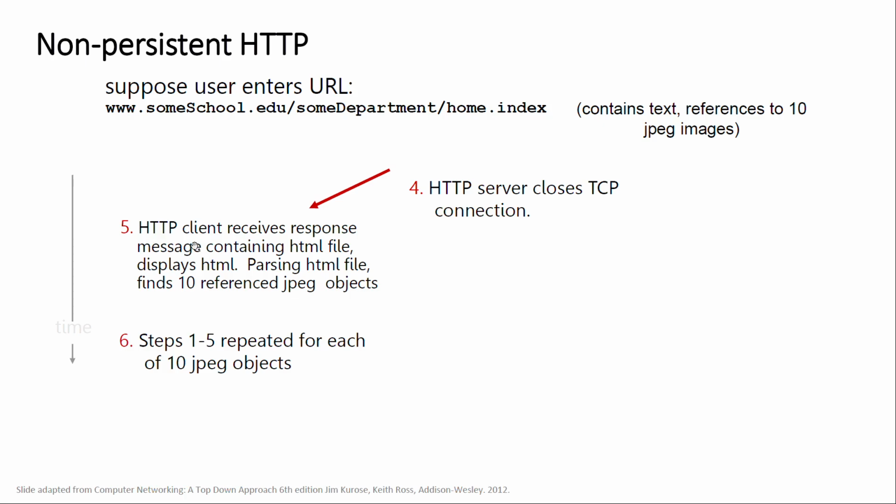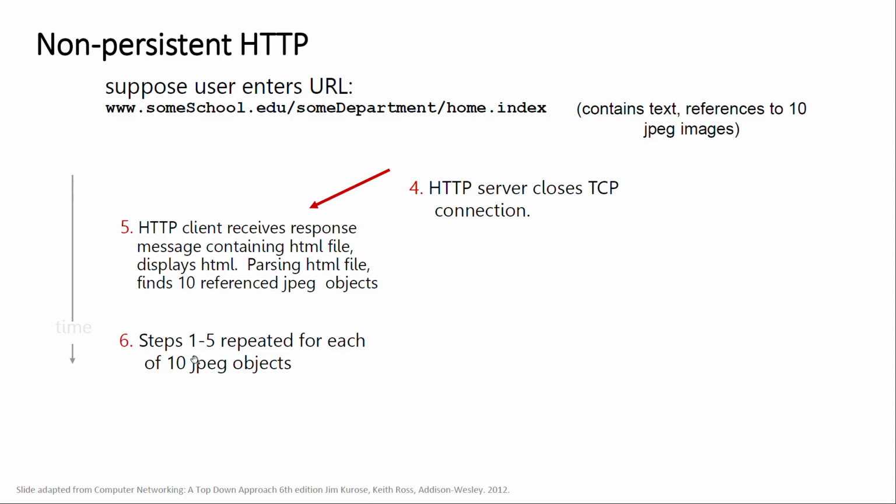Now what the client receives is the response message containing the HTML file, which contains the text, and it displays this HTML file. But in the HTML file there are 10 JPEG images that are referenced, so there are also 10 different objects which you haven't received at this point.